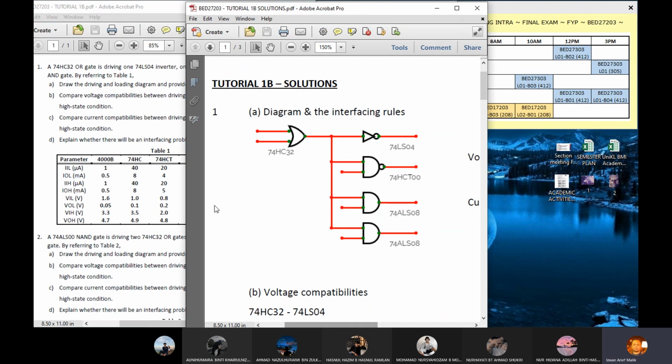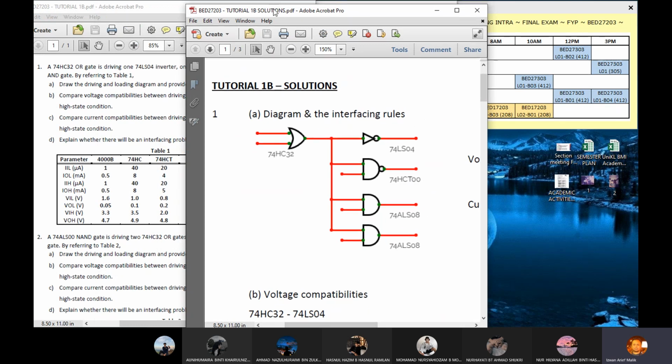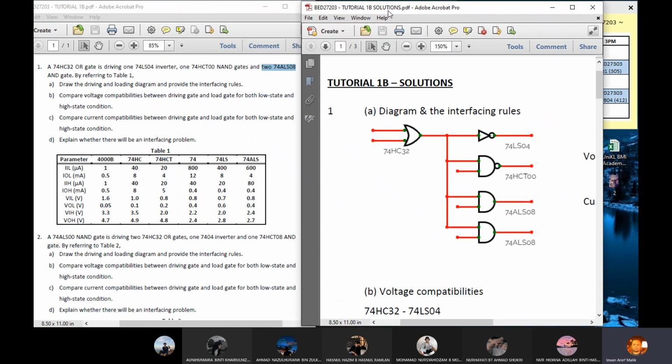Let's look back at the question. Make sure that you use the correct IC, the correct gate, when you draw. 74HC is an OR gate, so you draw one OR gate and name it 74HC32. The first load gate is an inverter, 74LS, so use a NOT gate. The NAND gate is 74HCT, so use a NAND gate here.